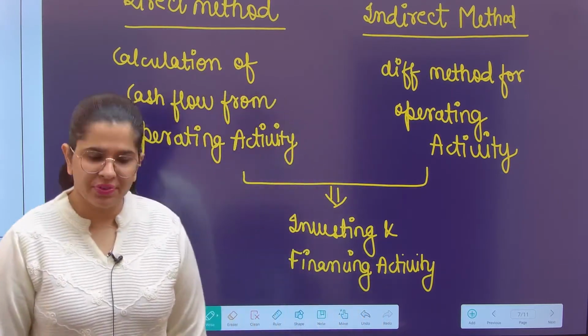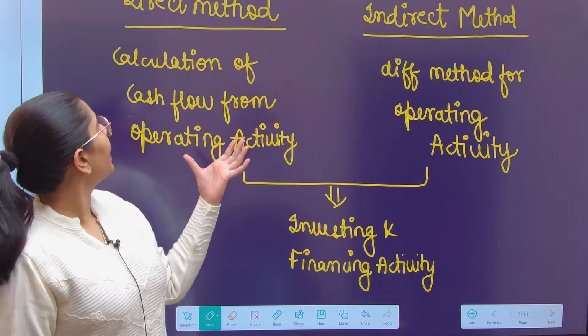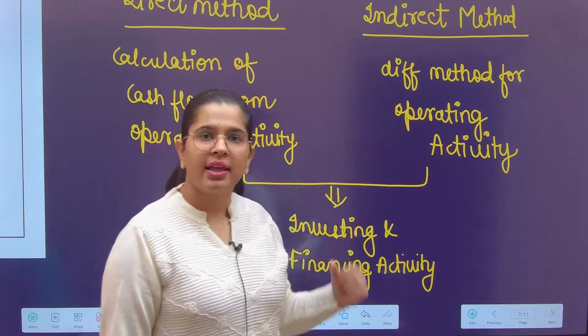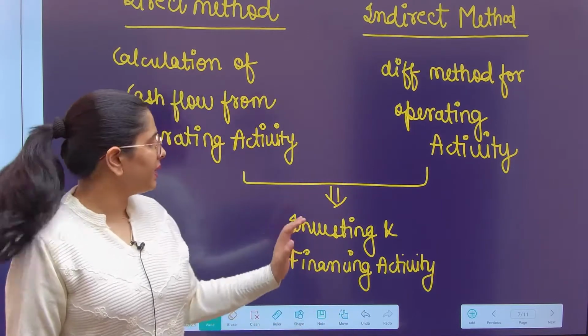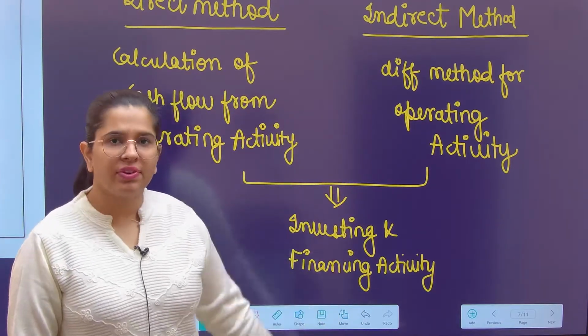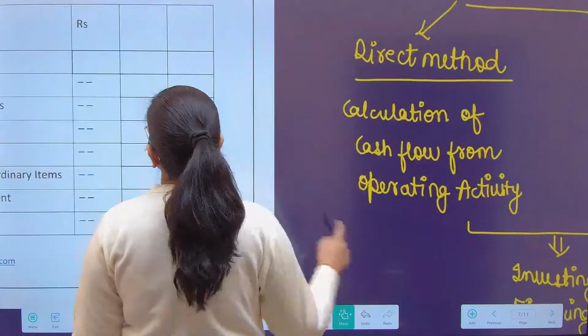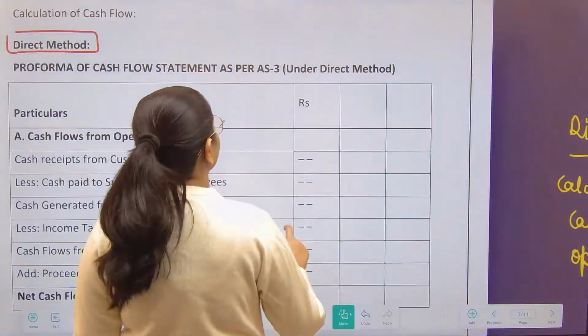So this is the difference. We will see how we calculate cash flow from operating activities in direct and in indirect. There is no difference in calculation of investing and financing activity. Let's move towards the calculation part.